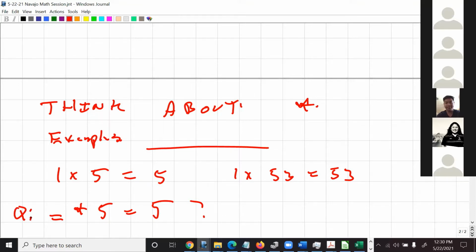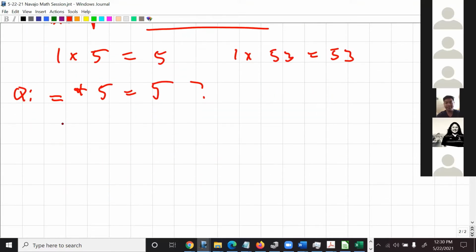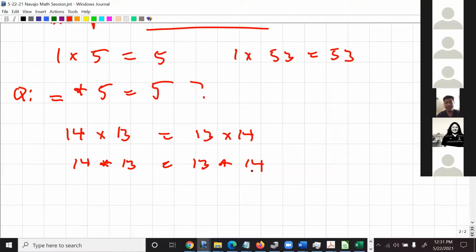I know that 14 times 13 equals 13 times 14. Is 14 star 13 equal to 13 star 14? For that matter, what is 13 star 14? Do you need to draw and count?